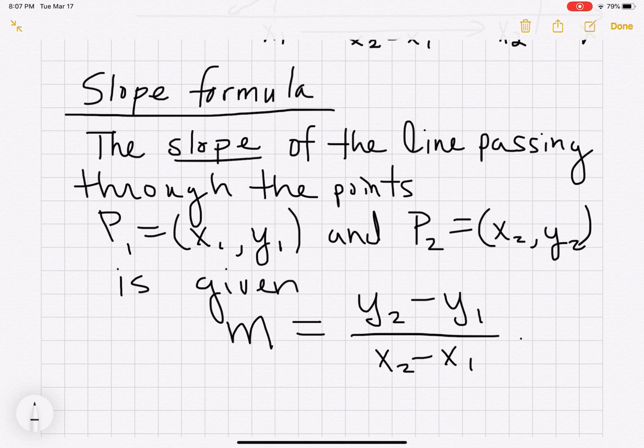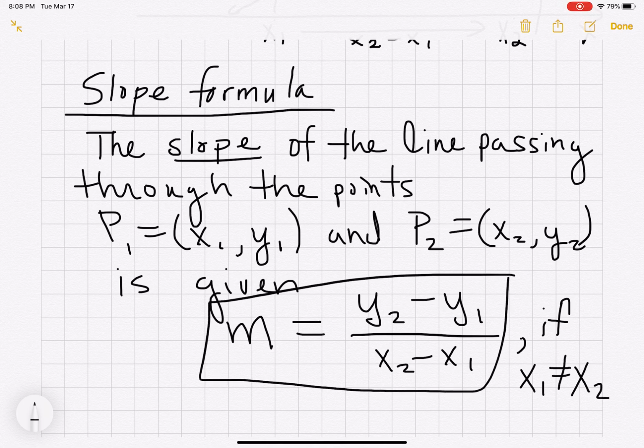This is the formula we're going to use for slope as long as x2 and x1 are not equal. So x1 is not equal to x2. So here is our formula for slope you'll want to know.